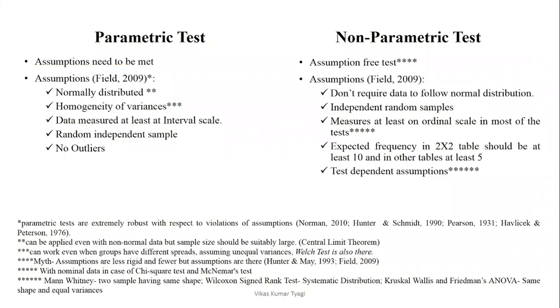So here are the assumptions that have to be met for parametric tests. According to Field 2009, it should be normally distributed as much as possible. There should be homogeneity of variances. Data measured is at least interval scale, particularly your dependent variable. There should be random independent sample or sampling.